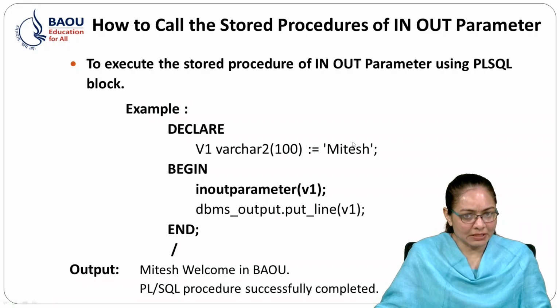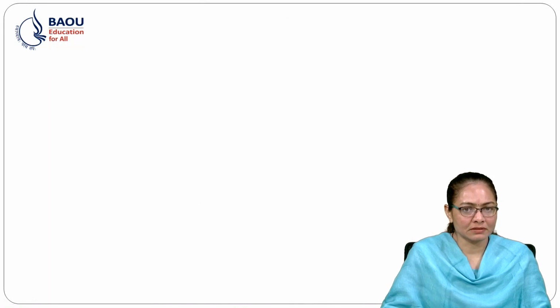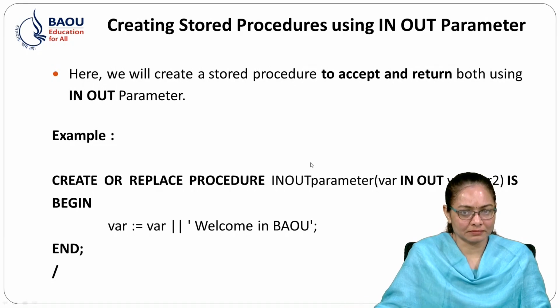So this Mitesh value is stored in v1 and then we pass it to the procedure, which is passed here in this variable, and Mitesh is combined with the 'welcome in BAU' because of the pipeline.